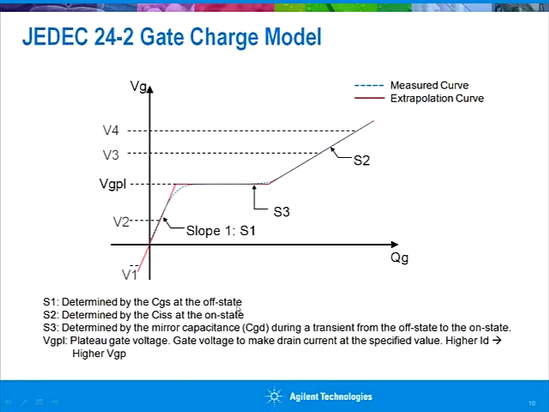After the device is turned on, this slope is determined by CISS, the input capacitance of the power switching device, and this flat part is called the plateau gate voltage. This reflects the Miller capacitance during the transition from the off state to the on state of the device.